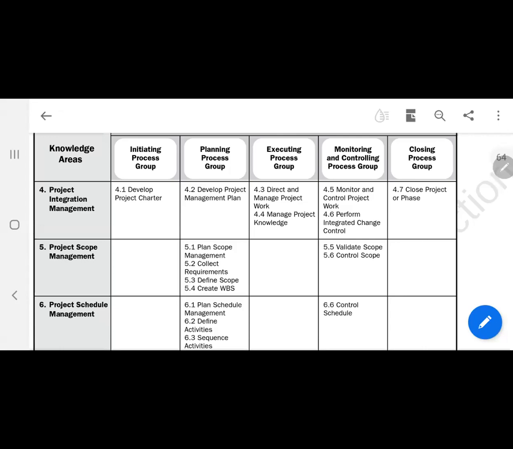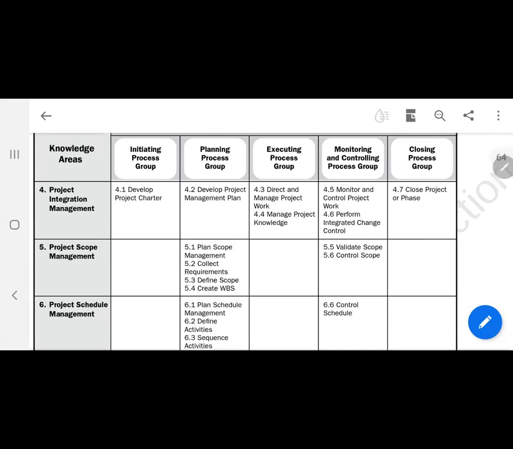Closing process group now. Major output of monitor and control project work. Who can cite that? No, monitor and control project work output. You definitely will have change requests.